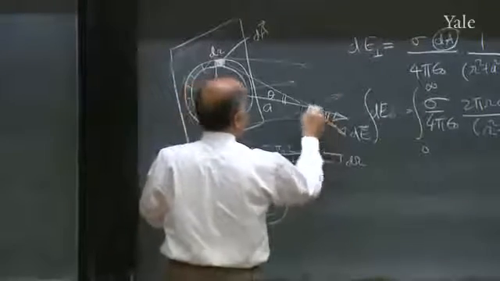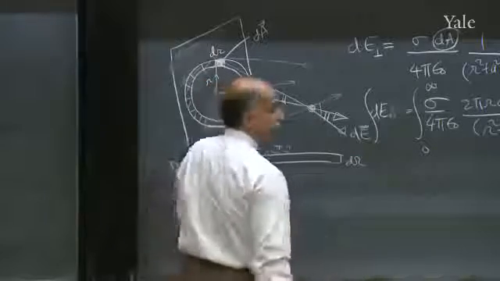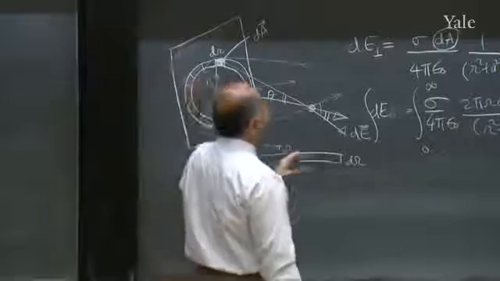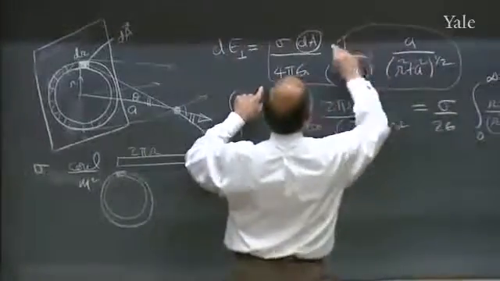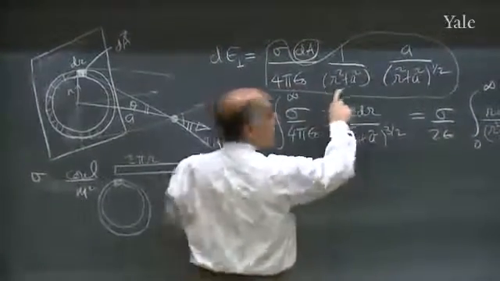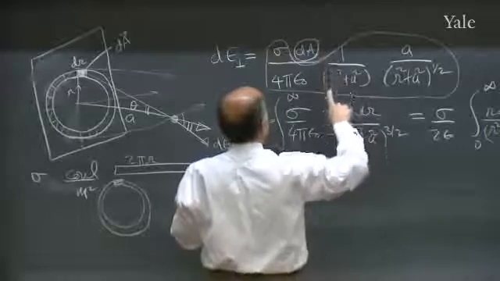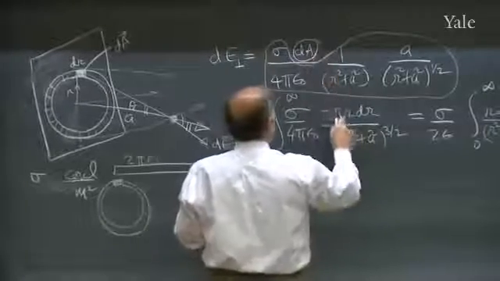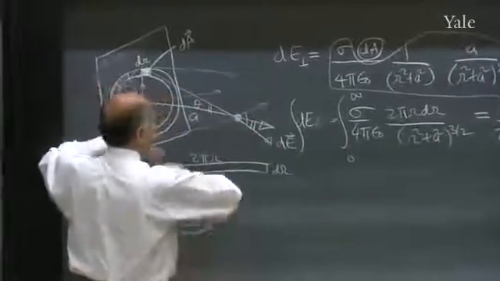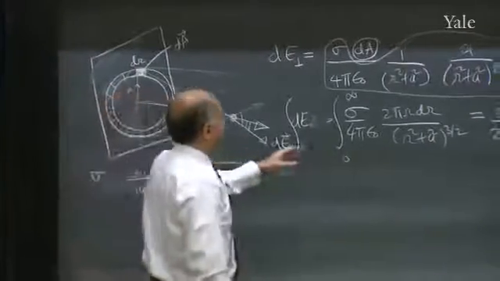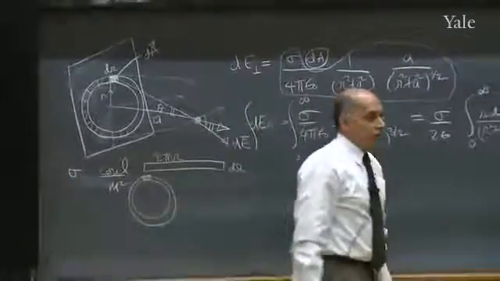That will cancel, so only the part perpendicular will survive. Then I found out that the contribution from every dA had exactly these factors. They all had the same r, they all had the same a. So the sum of all the dAs, which is all I have to add, is 2 pi r dr. And that's the contribution from this annulus. Then I still have to look at an annulus of every radius. So that's the integral over dr.